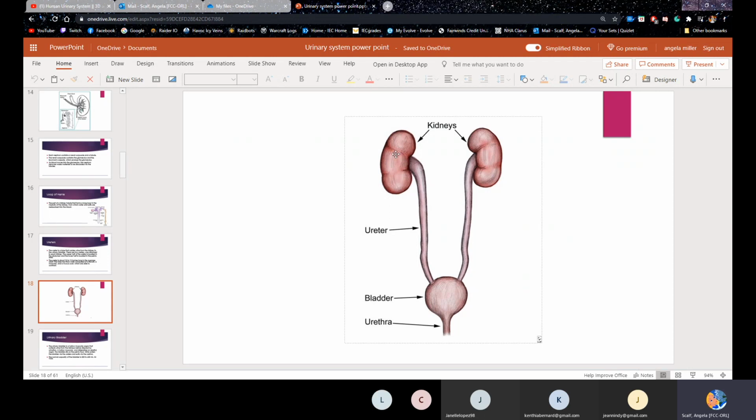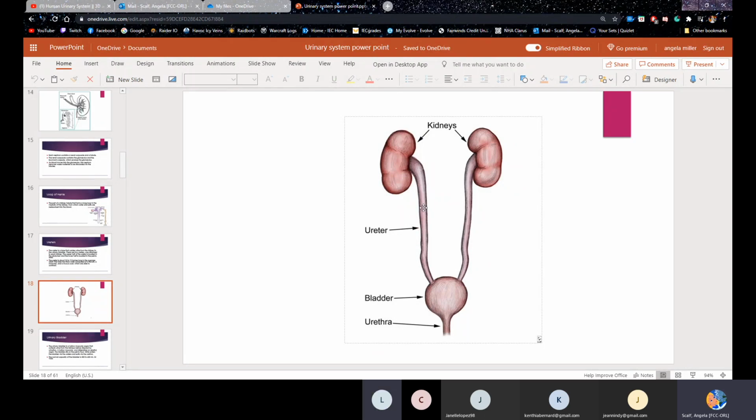Anything that's still useful will be sent back to the blood and along through the systemic of the body. Anything that is not useful, like the waste products or excess water, will be sent along its way into the ureter.